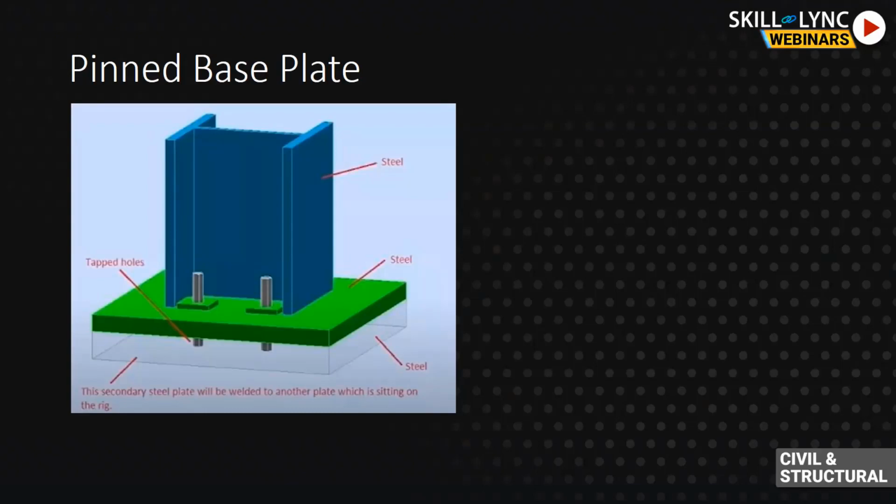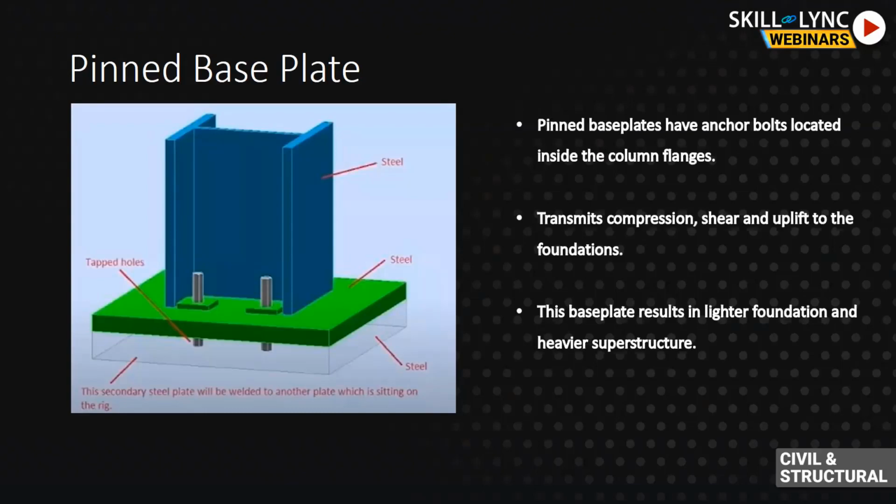Let us take a look at the features of a pin base plate. As we discussed, pin base plates will have anchor bolts located within the flanges of the column, and the forces which will be transferred by the pinned base plate to the foundations are compression force, shear force, and tension force.